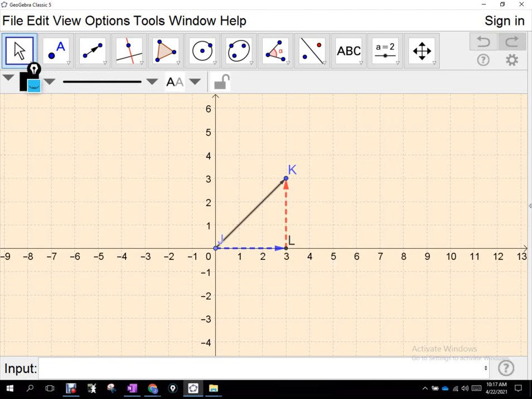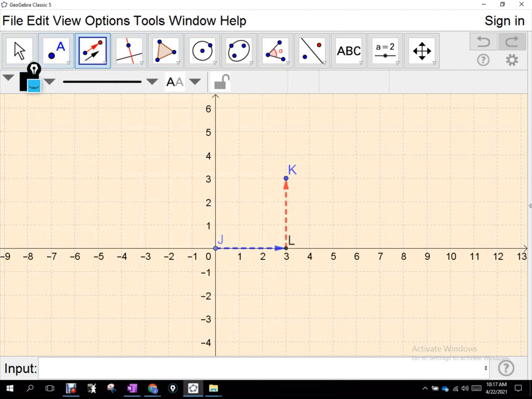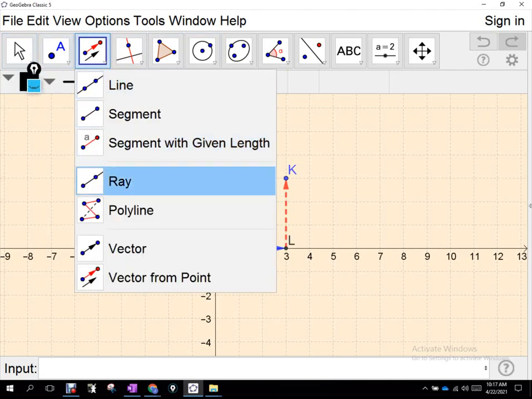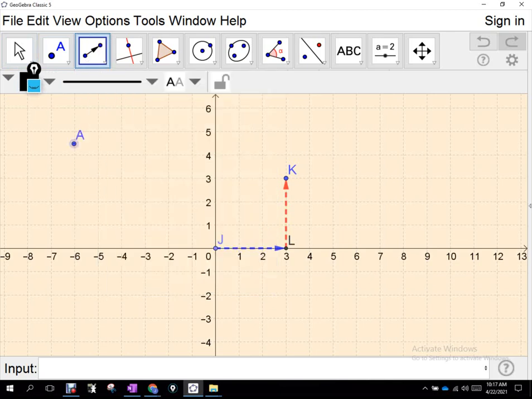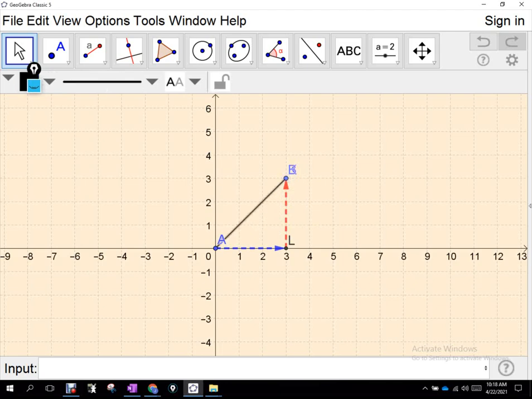Now, what that means is that this distance right here would be square root of 18.